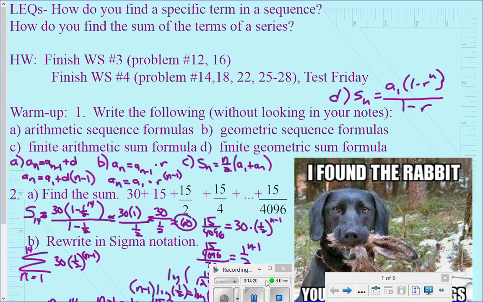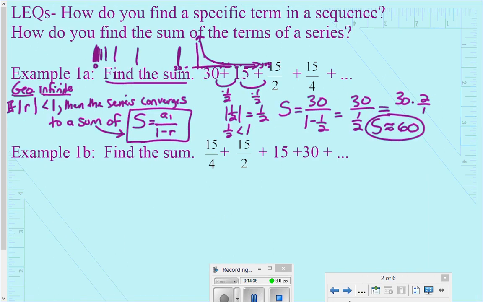If you were asked to find the sum so far down the line that the number being added on is no longer significant, it's just like you're adding 0, then you're going to get the same sum as if you were finding the entire infinite geometric series. Okay, so a sum of approximately 60.